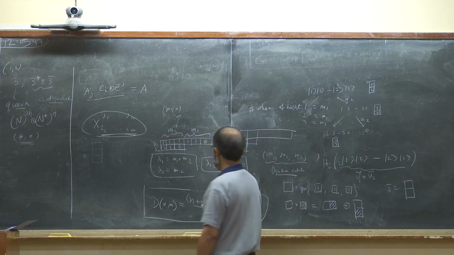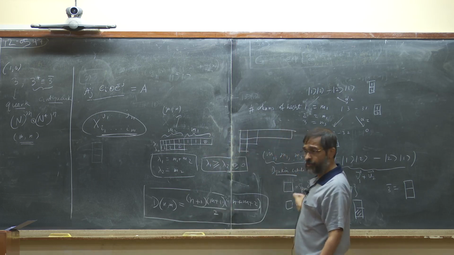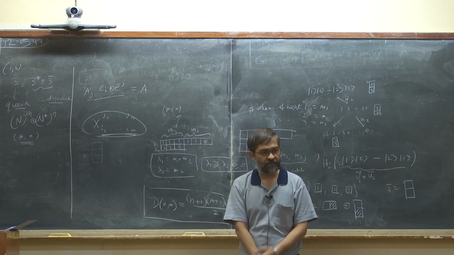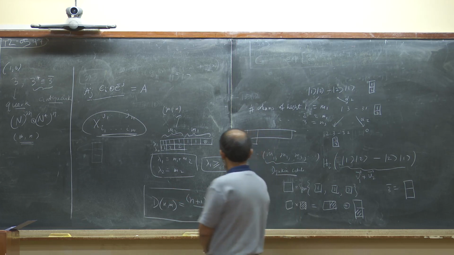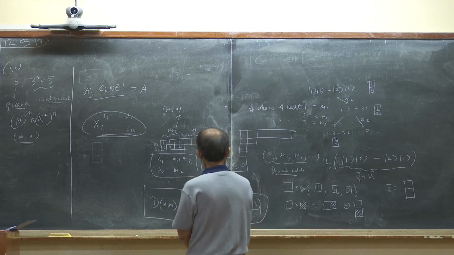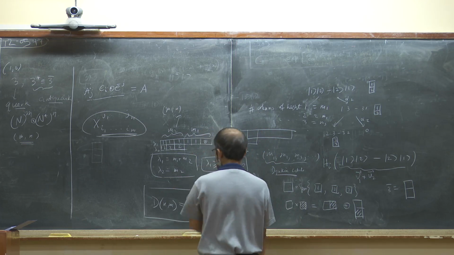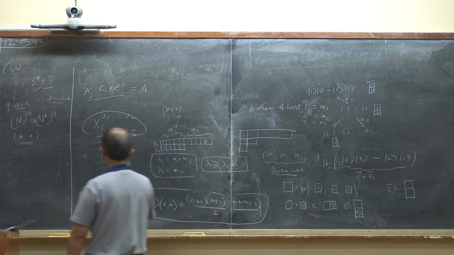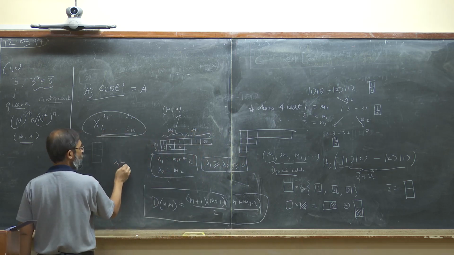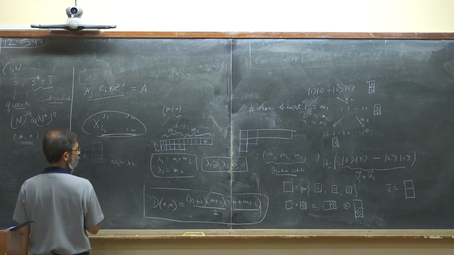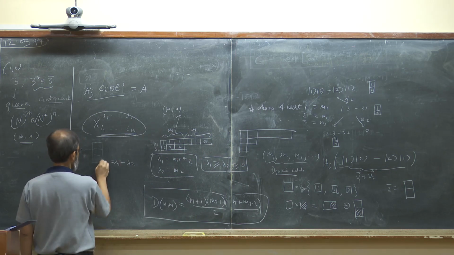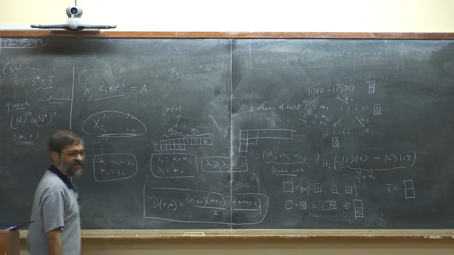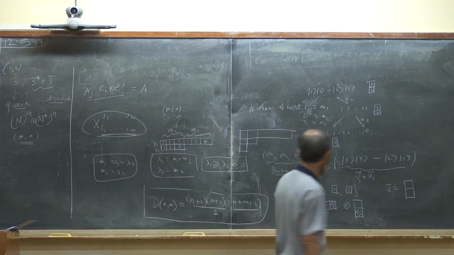For more general groups, the number of boxes will keep decreasing or stay put. Good. So this is the Young data and this is the Dynkin data. That's the relation, and you can invert this relation clearly, that given lambda 1 and lambda 2, you can find out that lambda 1 minus lambda 2 is equal to M1 and M2 is equal to lambda 2. I am saying this only for SU3, but in general.